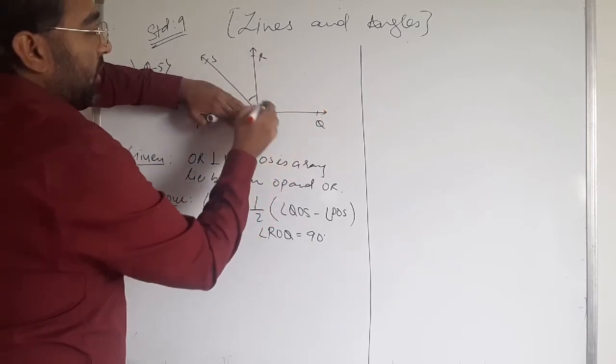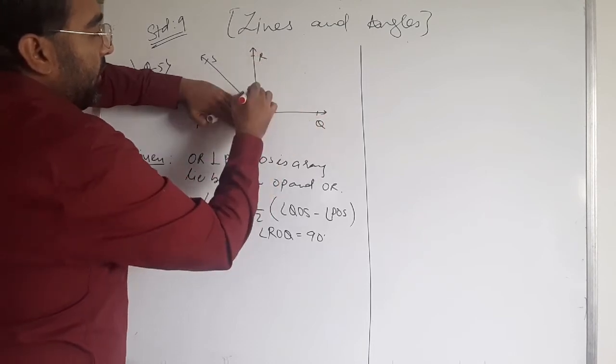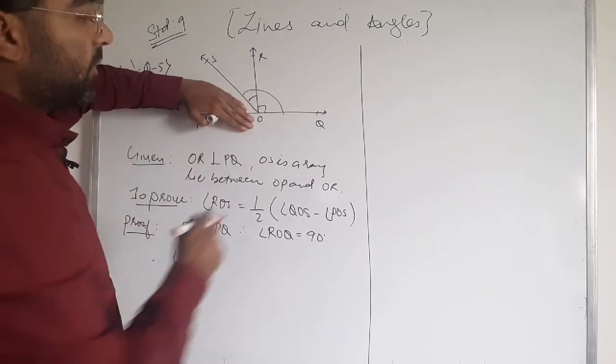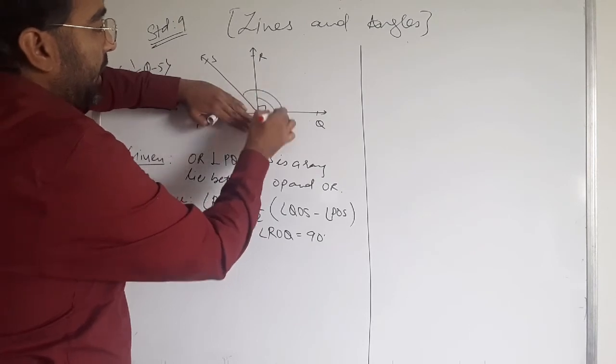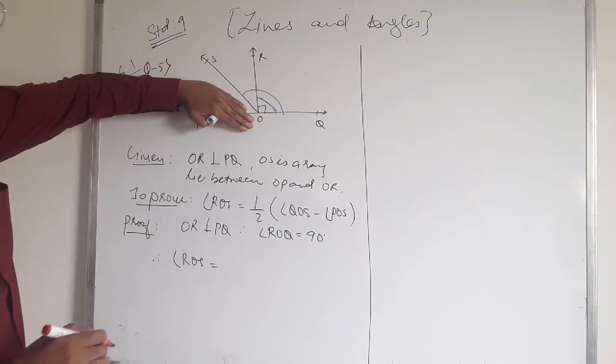We have to subtract ROQ from QOS. Okay, we have to take first of all this whole thing, QOS, and after that we have to subtract this part from that.